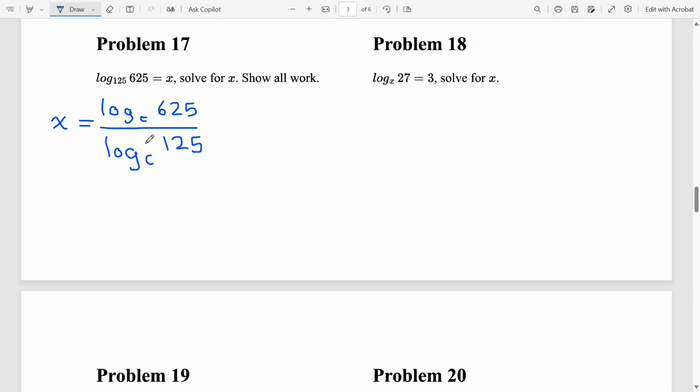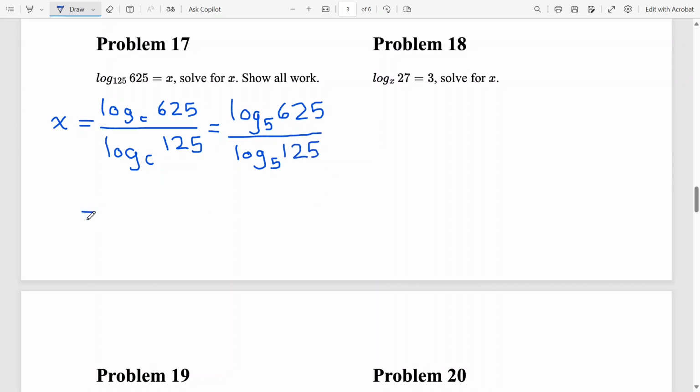Now we want to pick a c here that we can multiply by itself enough times to get both 625 and 125. And the number that works is 5. So we could change this to log base 5 of 625 over log base 5 of 125.